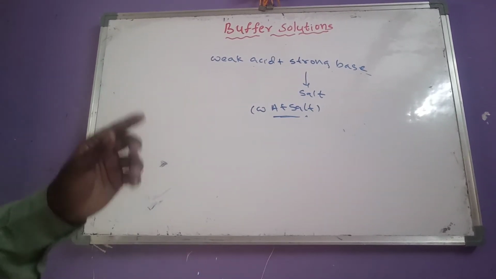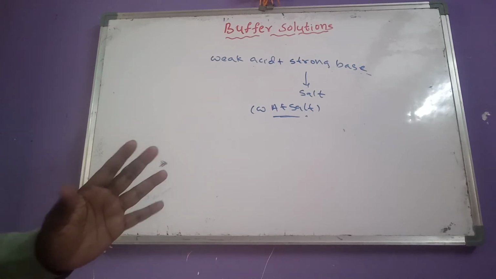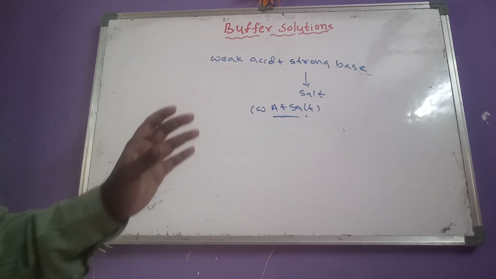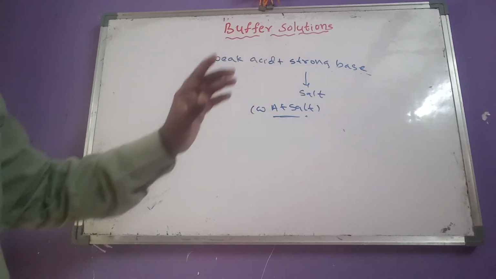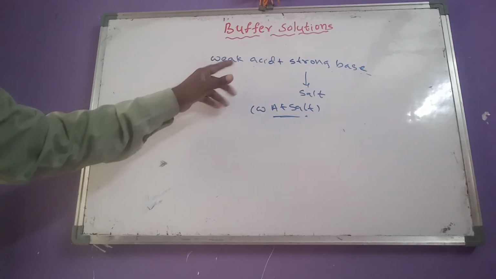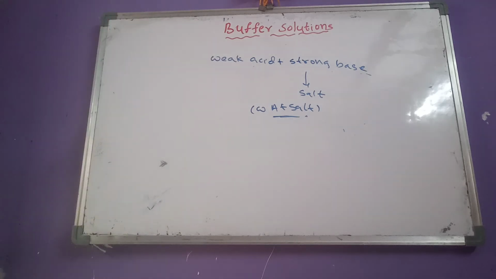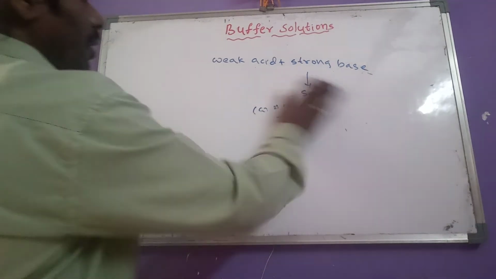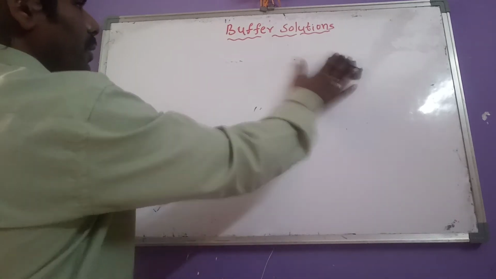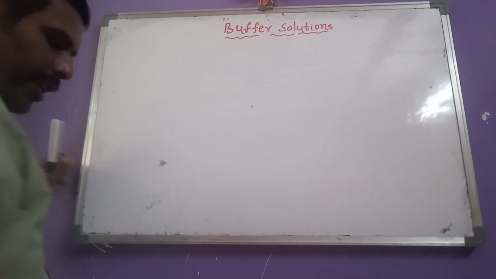So one final conclusion is here: to form an acidic buffer between weak acid and strong base, the weak acid should be in excess amount. Then only that gives an acidic buffer.